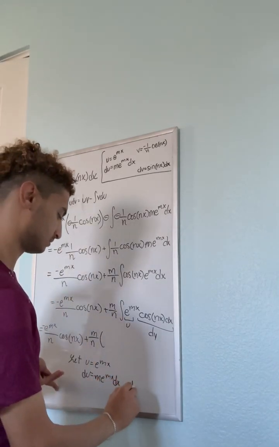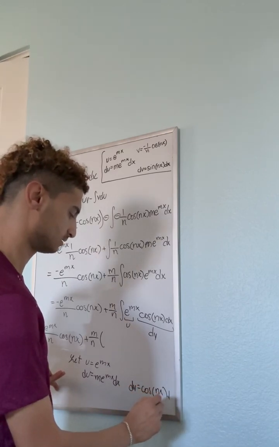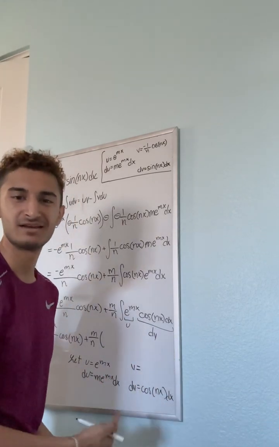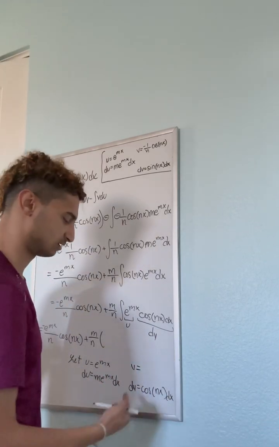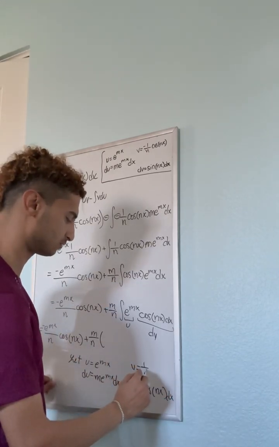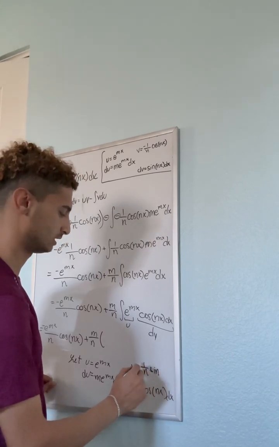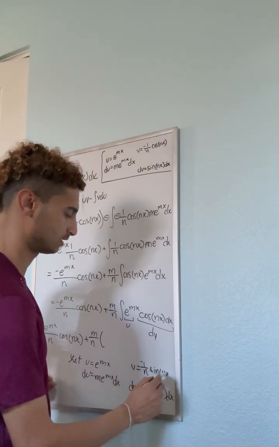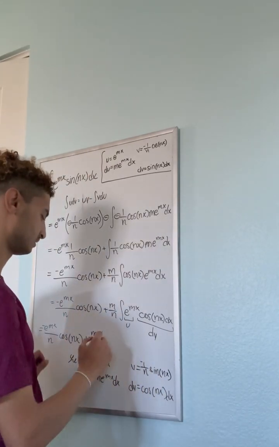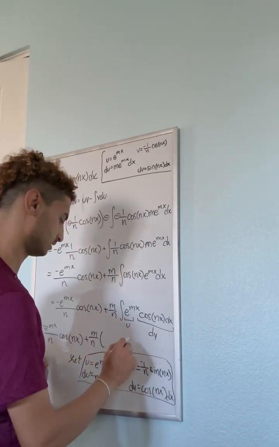And then dv would be cosine nx dx. So this, again, it's just nx in the argument of cosine, so you just use u substitution and you get 1 over n sine nx. Again, no plus c. Okay, and we're going to be applying all of this into this.